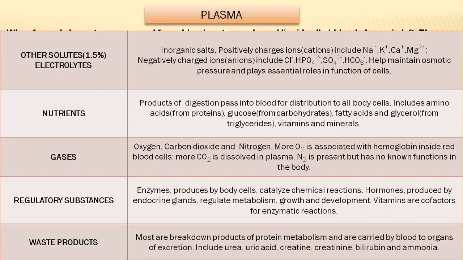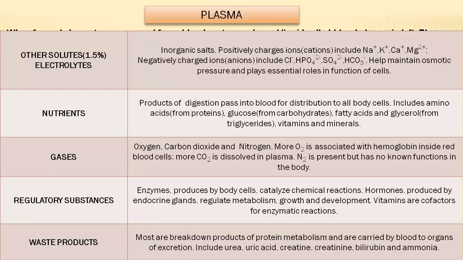Then as part of other solutes, you also have nutrients. Nutrients are products that are coming from digestion, from the GIT. These products of digestion will pass into blood for distribution to all body cells. So how do they get transported?